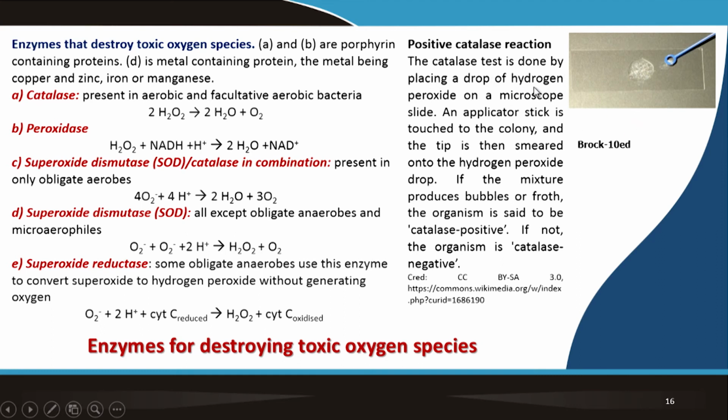It is done by placing a drop of hydrogen peroxide on a microscope slide. A little bit of the colony you want to test is picked up on an applicator stick, and the tip is then smeared into the hydrogen peroxide drop. If there are bubbles or froth, the organism is considered catalase positive. If there are no bubbles and no froth, the organism is considered catalase negative.